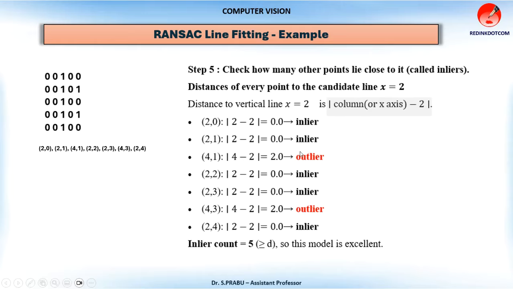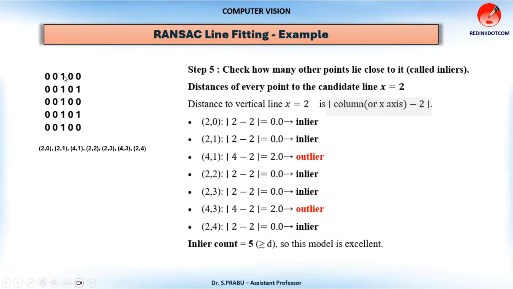This is not satisfied for this line, so this pixel is treated as an outlier. In this way all the calculations are made. This is called the distance value. If the value is 0, these pixels lie on this straight line, and the value 2 tells that these pixels are away from the line. So this value tells the distance of each pixel. If the distance is 0, you take only those pixels.